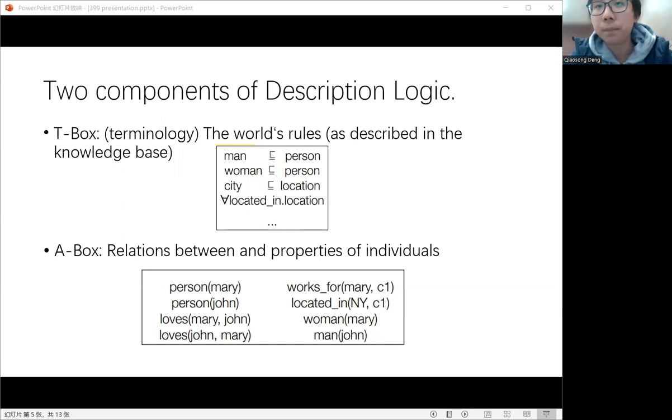T-box describes the world's rules, such as the examples given below. Man belongs to person, woman belongs to person, city belongs to location. For all located-in relationships, there must be a location existing in this relationship.